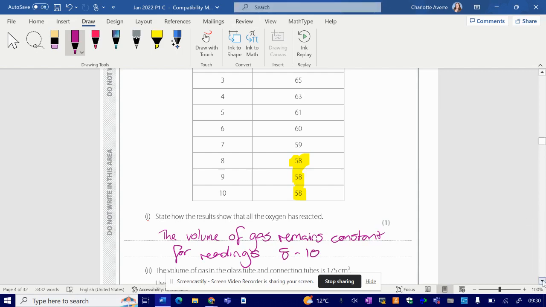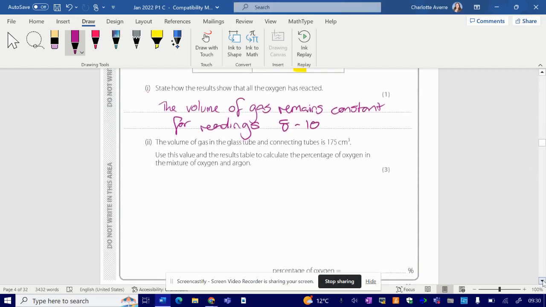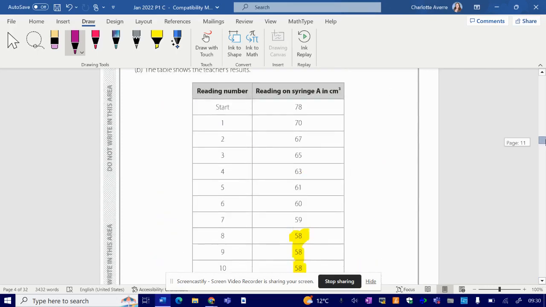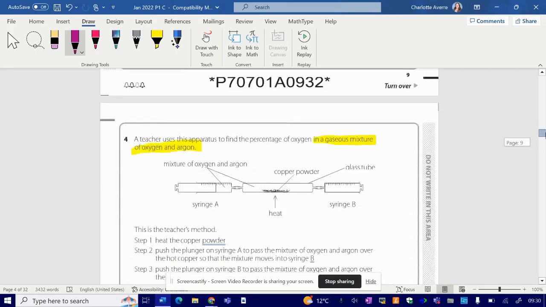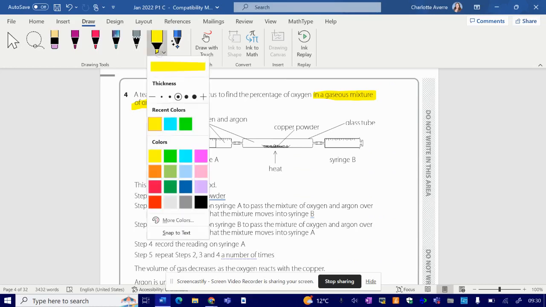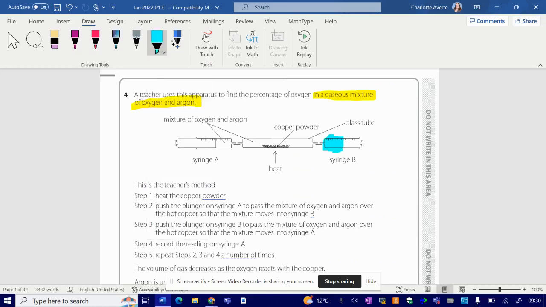Okay, the volume of gas in the glass tube and the connecting tubes is 175 centimetres cubed. So let's just go back to our diagram. Okay, so the volume of gas which is in the syringes, hold on, let me reread that.